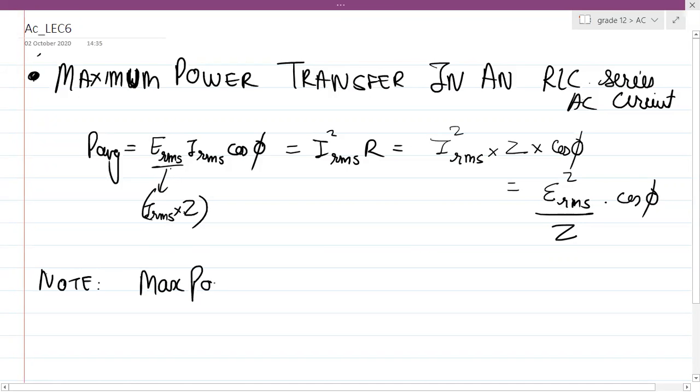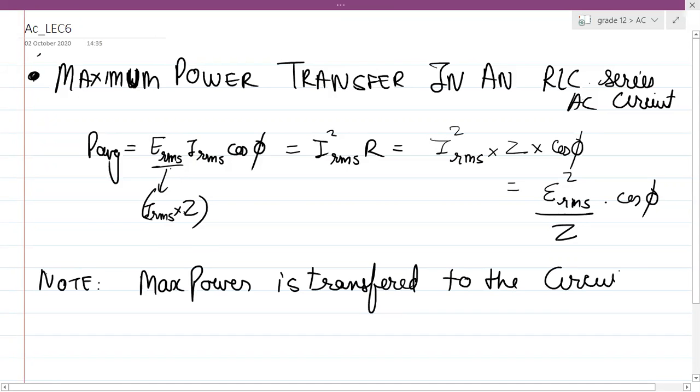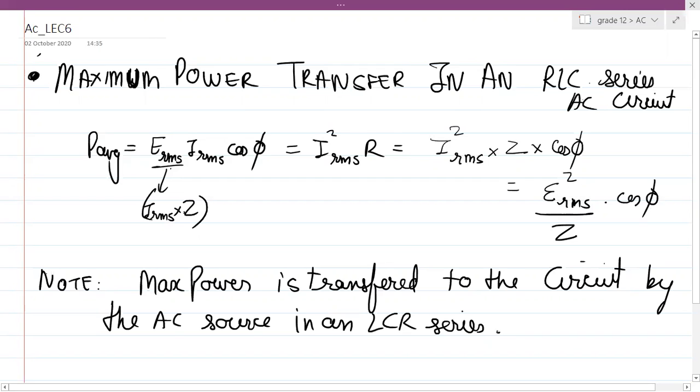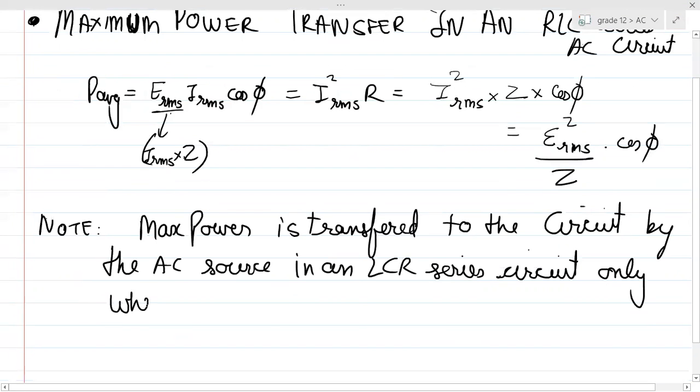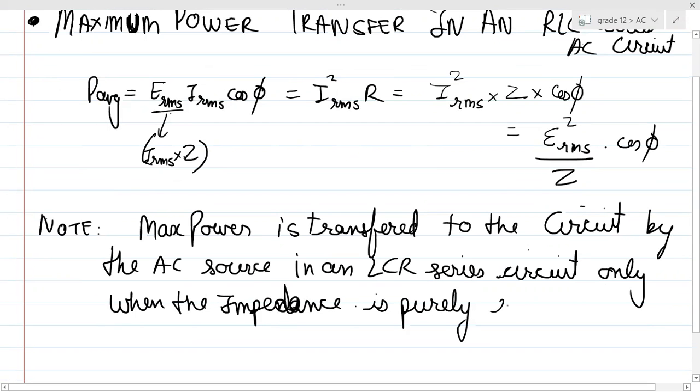Maximum power is transferred to the circuit by the source in an LCR series circuit only when the impedance is purely resistive.